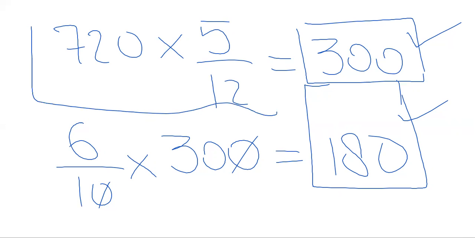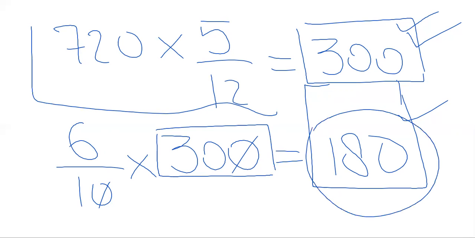Out of 720, every 5 out of 12 have a dog, so there are 300 dog owners. Out of these, 6 out of every 10 also have a fence in the backyard, so they are only 180. Total dog owners are 300, and those with the fence in the backyard are 180.